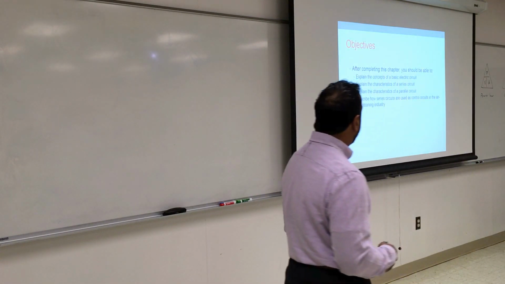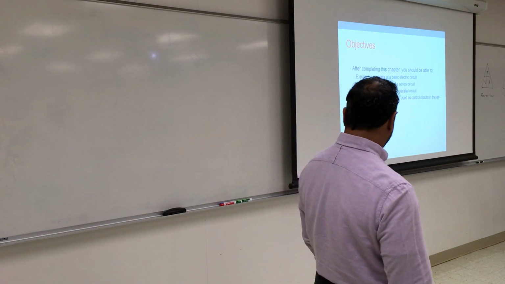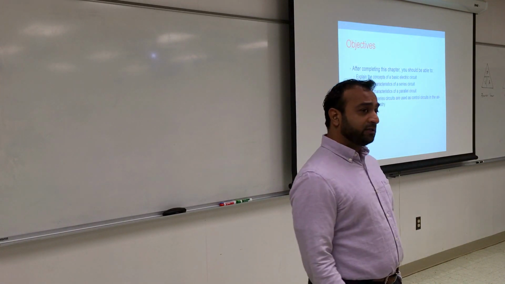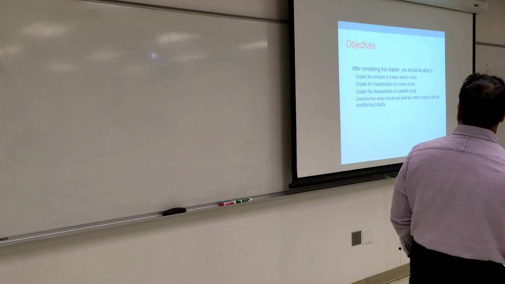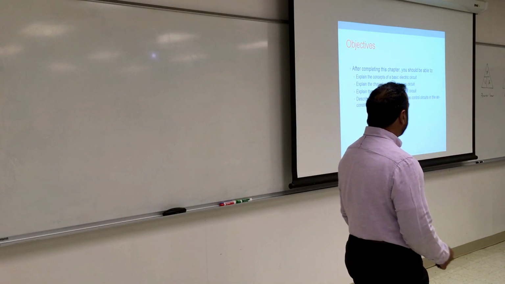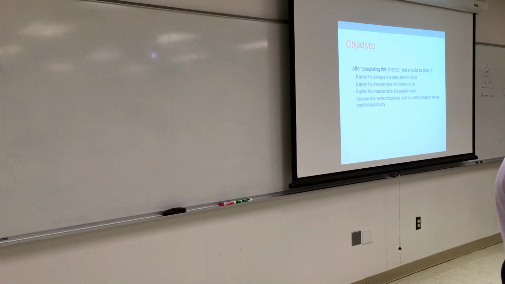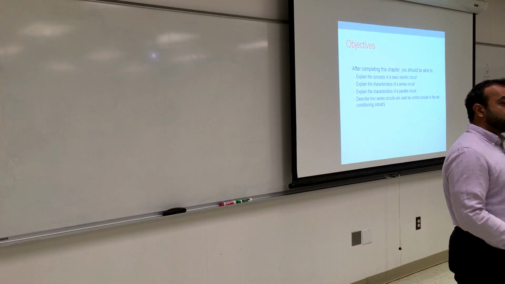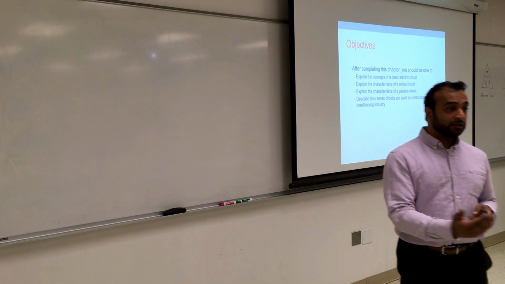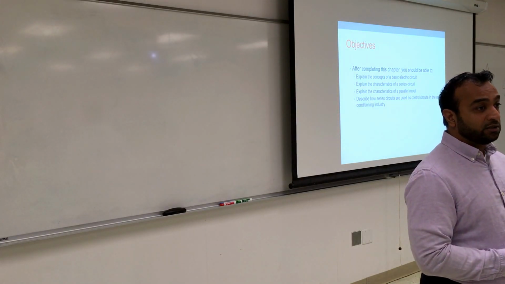So these are the topics we'll talk about: the basic concepts of an electric circuit, what we need to have a circuit, what actually constitutes a circuit, and the two types of circuits, series circuits and parallel circuits. This is the basis of all circuits, and it could be just in series, just in parallel, or a combination.